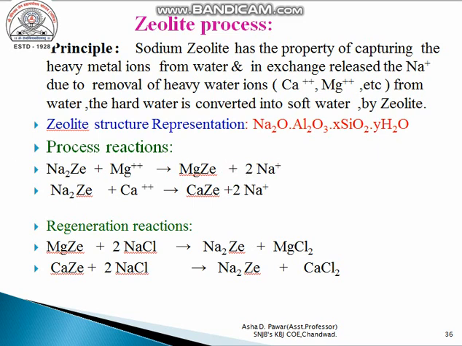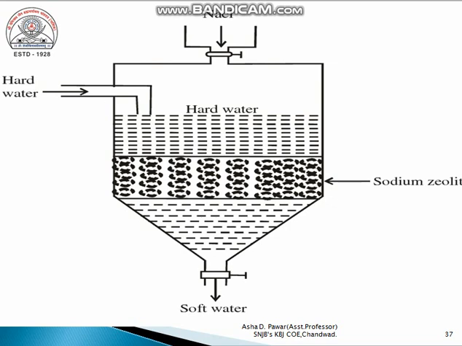When a plentiful amount of water has been converted from hard to soft, the zeolite becomes exhausted because there are no sodium ions left in the zeolite. The bed is not capable of exchanging the heavy metal ions because sodium ions are not there, that is, the bed becomes exhausted or inactive. Then we again regenerate the bed, or make it active, by using the brine solution, that is NaCl solution.